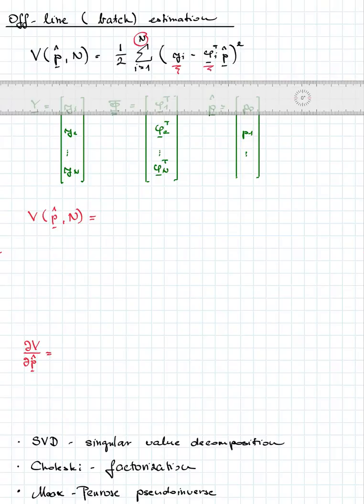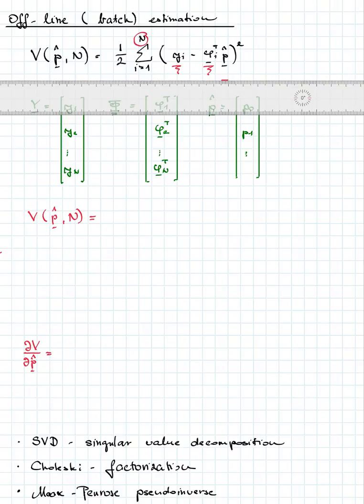The input of the process is collected in the row vector phi index i transpose, and the unknown parameters are collected in the vector p hat. We are going to take the difference of it. We have to take the square. We have to sum all the individual errors, and we have to take the half of it. Okay, this is the quadratic error function.